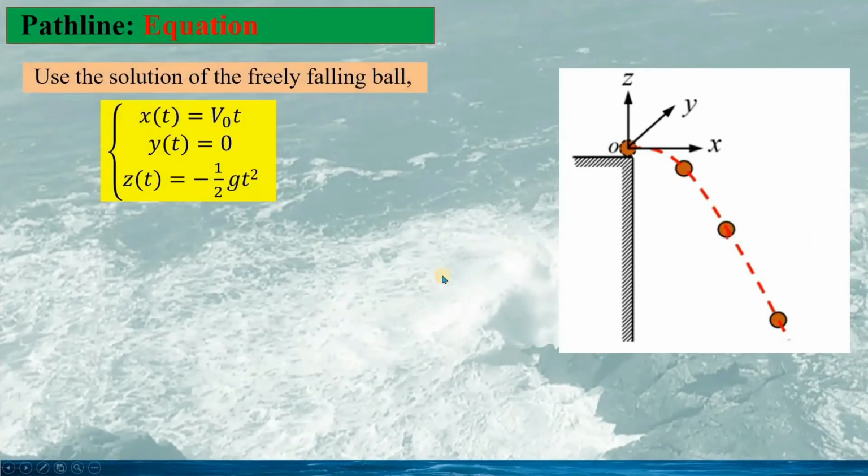Now in this slide, we will see how the ball pathline is calculated. From the solution of the ball motion given as this, we can calculate time t as x divided by v0.